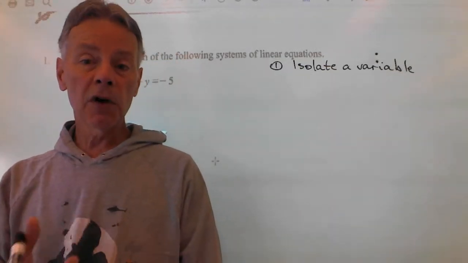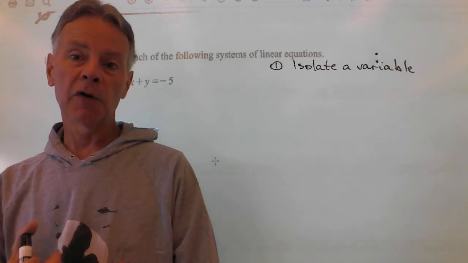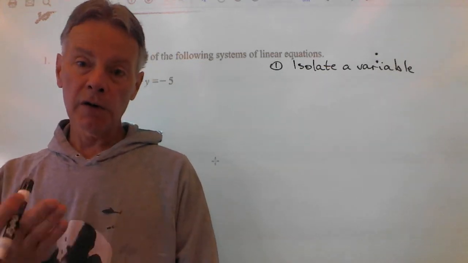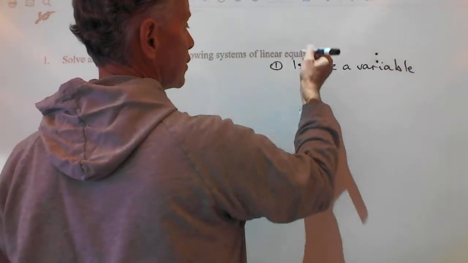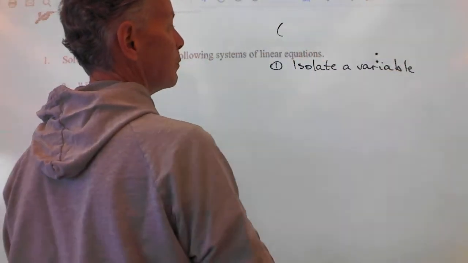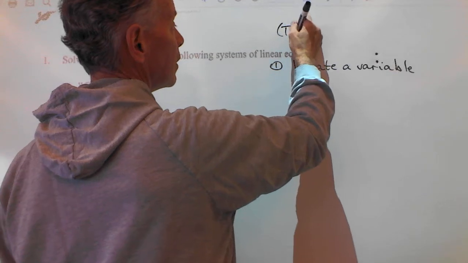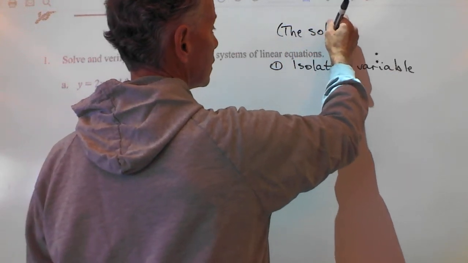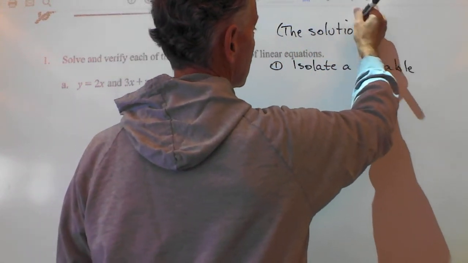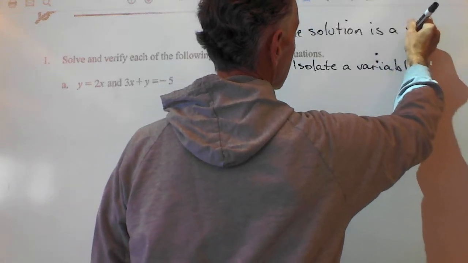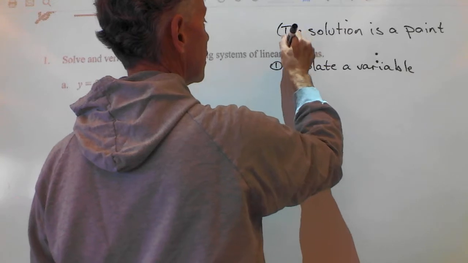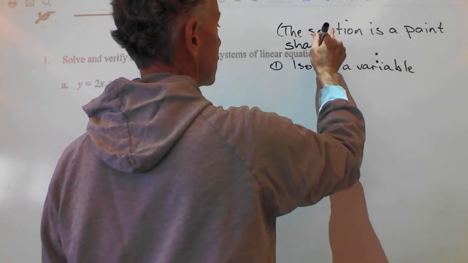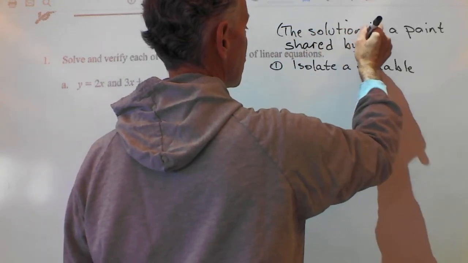Now remember, if we're looking for a solution to this system of equations, as you learned earlier when we actually graphed them, remember the solution is a point shared by both equations.